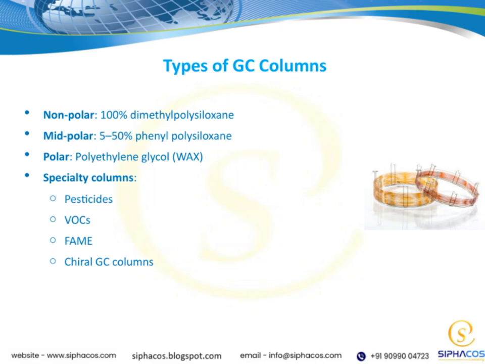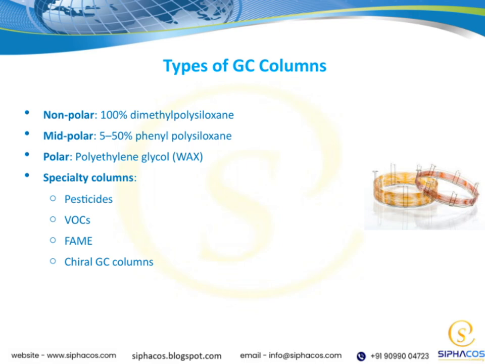They're often used when you need a bit more selectivity without sacrificing too much speed. Moving on to polar columns, such as those made with polyethylene glycol, also known as wax. These are ideal when you're analyzing very polar compounds, as they interact more strongly with those analytes, providing better separation for things like alcohols, acids, or sugars.